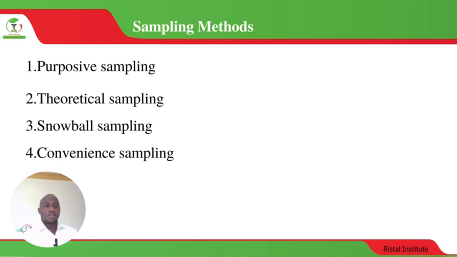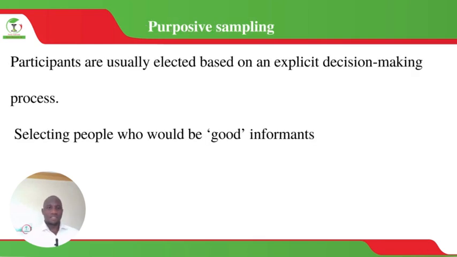So in qualitative research, we use the following methods of sampling: purposive sampling, theoretical sampling, snowball, and convenience sampling. Purposive sampling is one where you actually make a decision on who you need to include in the research study.